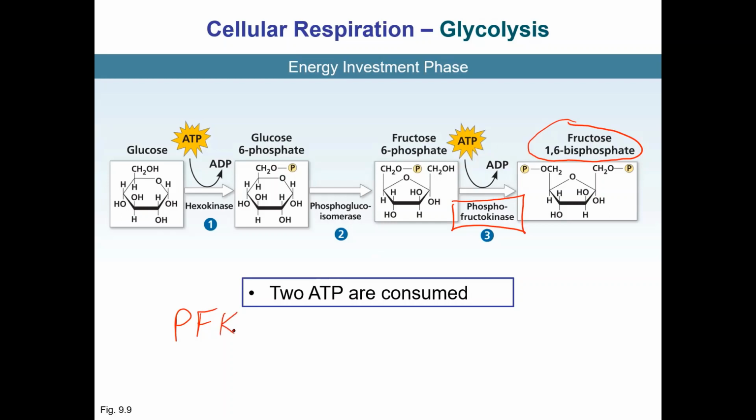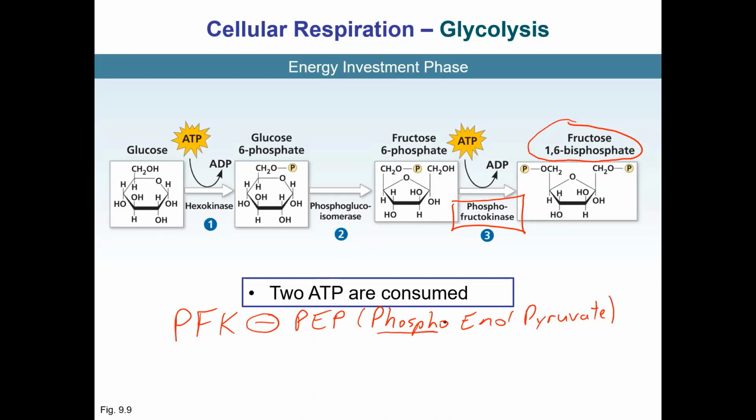Remember what we were talking about last day is that phosphofructokinase is negatively inhibited by PEP. So what is PEP? We're going to see PEP in a moment, which is phosphoenolpyruvate. So there's pyruvate there.